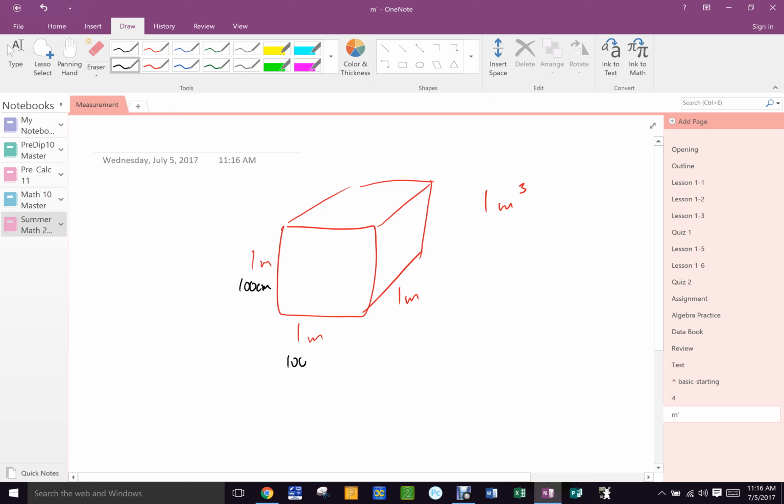And this one's 100. And this one's 100. 100 times 100 times 100 is 1,000,000 centimeters cubed. Does everybody understand that? Because it's 3 dimensions, we need to convert 3 times. Everybody cool? All right, so we'll come back to here.